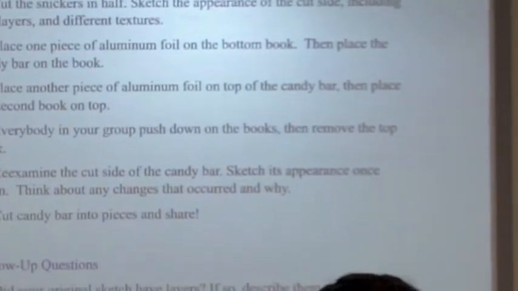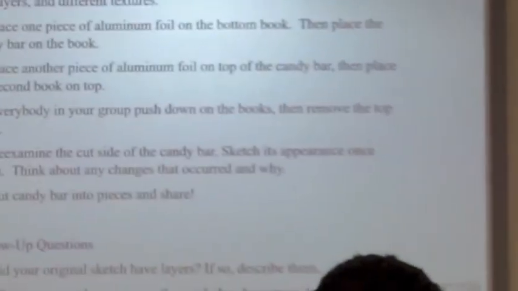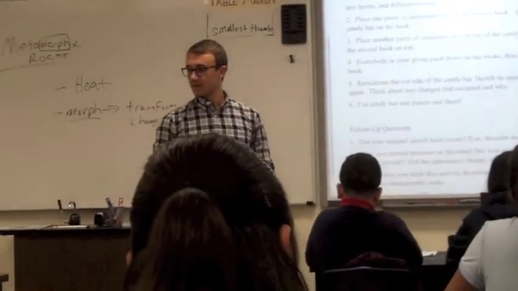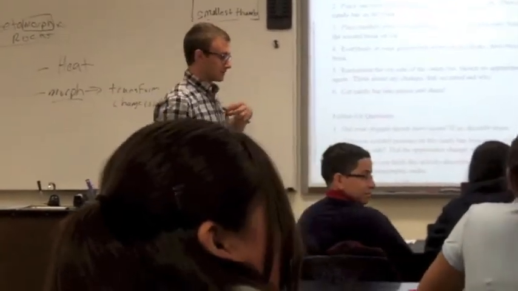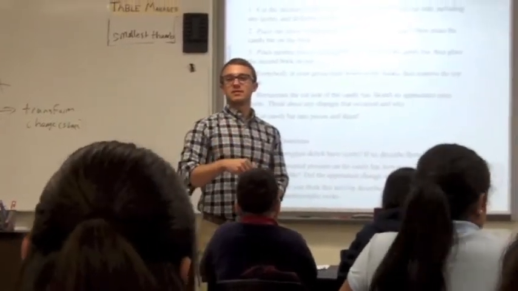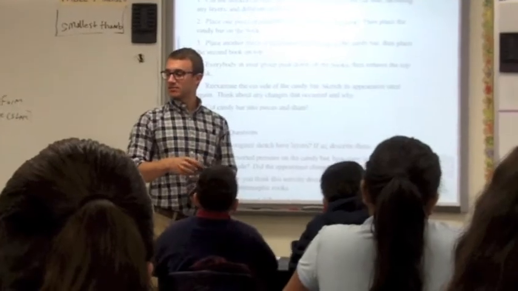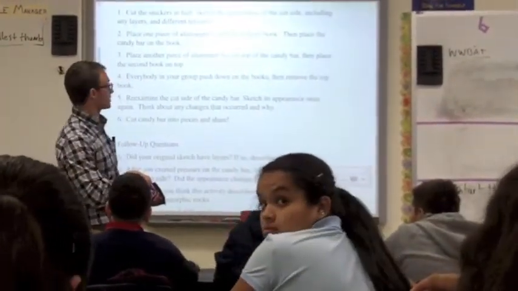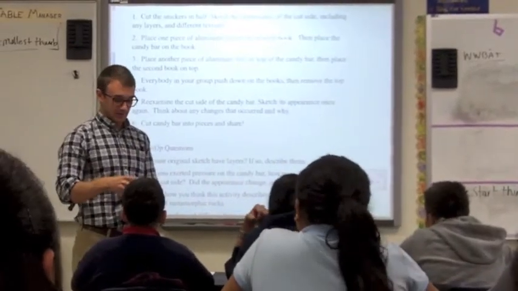Alright? When you're done, you can split the Snickers bar up and you can eat it. Make sure you follow the procedures though. I'll come back in about 10 minutes, see where we're at. We might have to discuss this tomorrow. But there's the procedures. If you have a question, just raise your hand and I can help you answer.